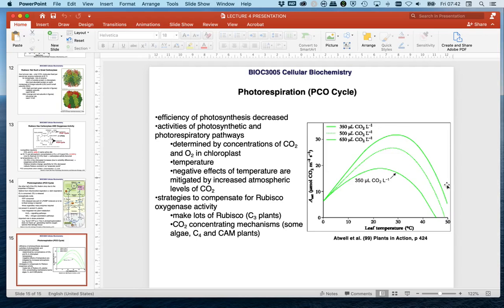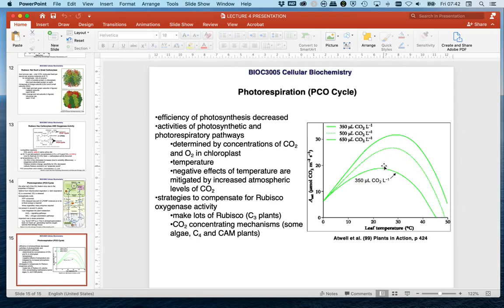And that's illustrated in the figure on the right-hand side of the slide. So on the y-axis, that's photosynthesis. Assimilation, that's the uppercase A, all right? So assimilation or atmospheric CO2 fixation versus leaf temperature on the x-axis, and that's been plotted for 3 different concentrations of atmospheric CO2.